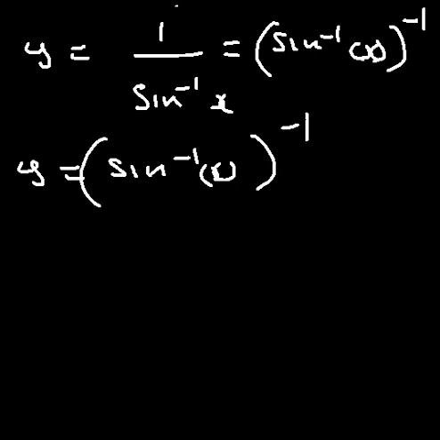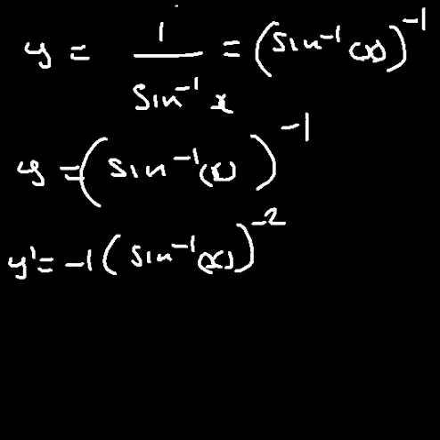In this case, we're going to use the chain rule of differentiation, in the sense that y prime is equal to -1, and the inner function to the power negative 2, times the derivative of the inner function, which we have as 1 over the square root of 1 minus x squared. So that will be the derivative.